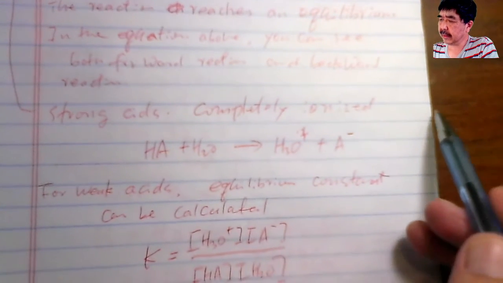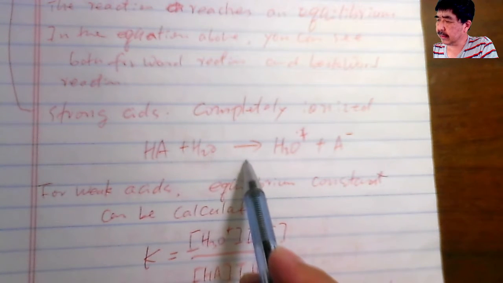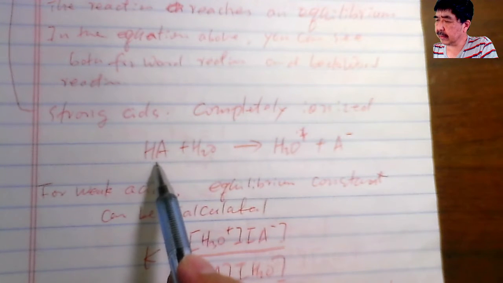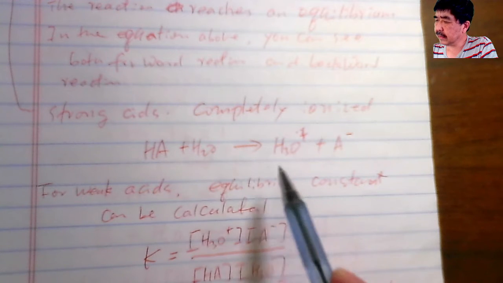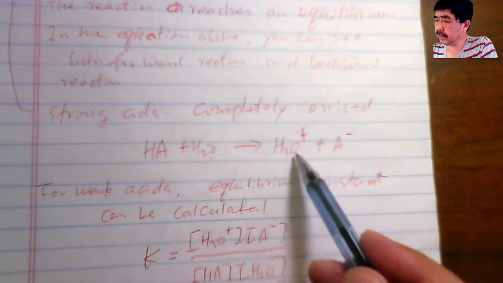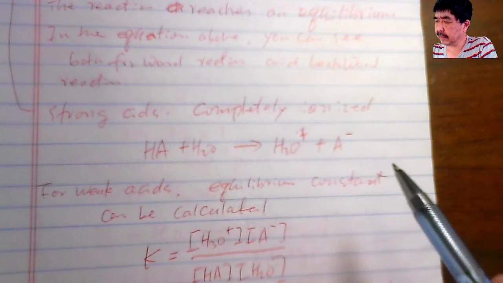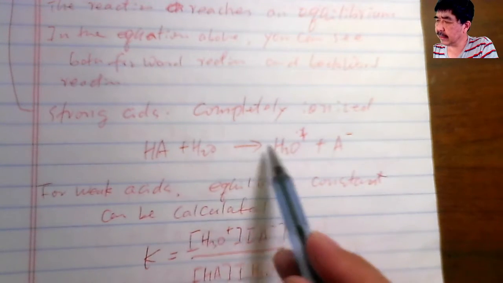This is the reaction: the acid interacts with the water and forms a hydronium ion and a negative ion. It's one direction only, completely ionized.